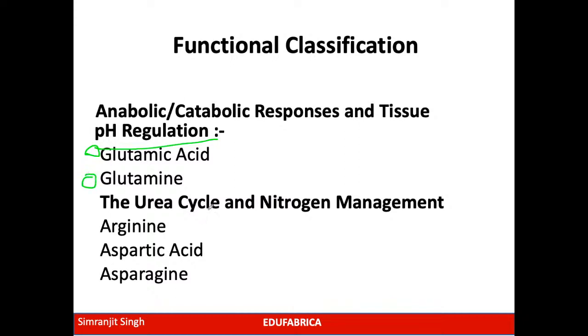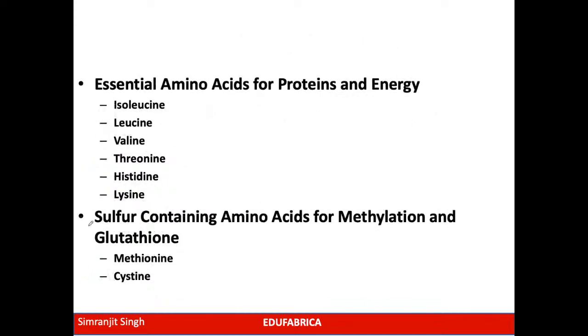To maintain the urea and nitrogen cycle, we need these three amino acids: arginine, aspartic acid, and asparagine. And essential amino acids for proteins and energy are isoleucine, leucine, valine, threonine, histidine, and lysine. These are required for our body.